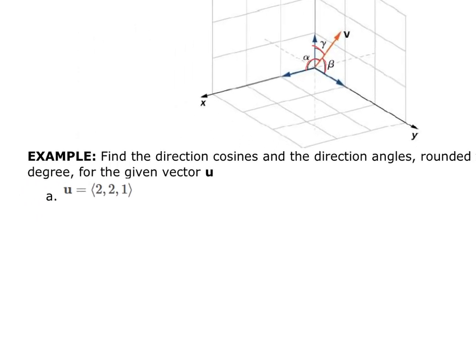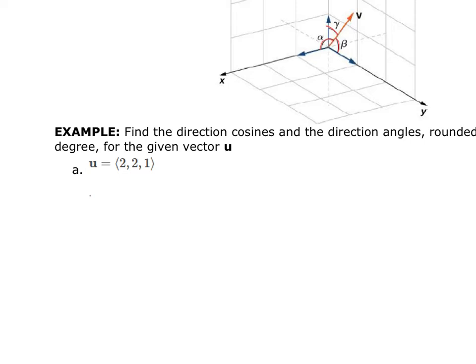So we're going to start out with our alpha. We're going to do the cosine of alpha. This is with respect to the x-axis. This is going to be equal to my vector u dotted with my unit vector in the x direction, so it's going to be with 1, 0, and 0, because I'm going along the x-axis.